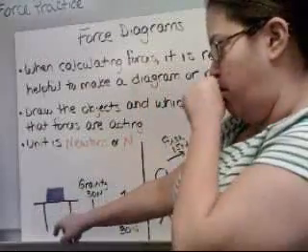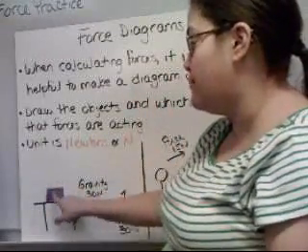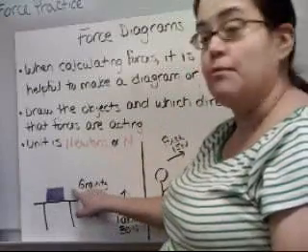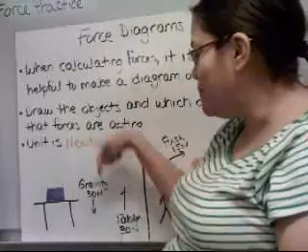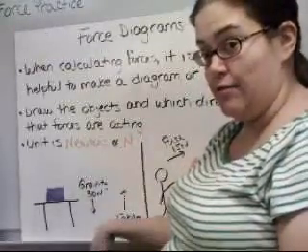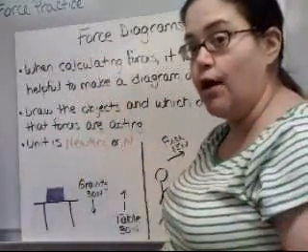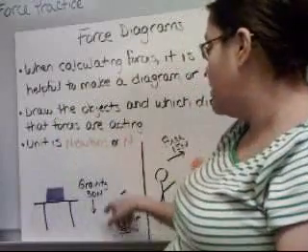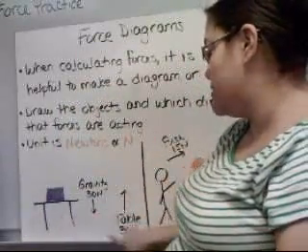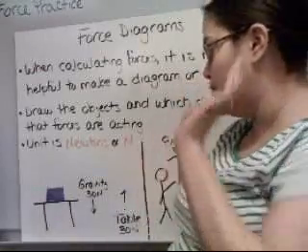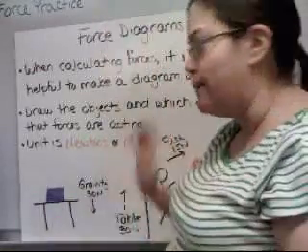So here, I have a box on a table. That is a box on a table. That's what it's supposed to be. So gravity is pulling the box down because gravity is always wanting to pull objects towards the center of the earth. So gravity is pulling the box in, but the table, bless its heart, is holding the box up. Okay?